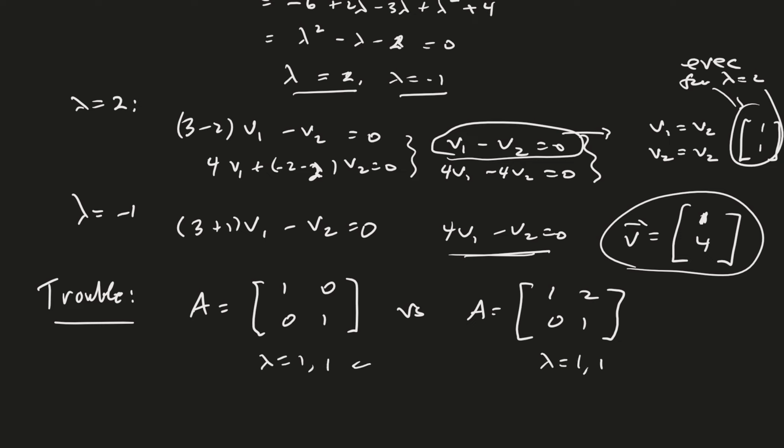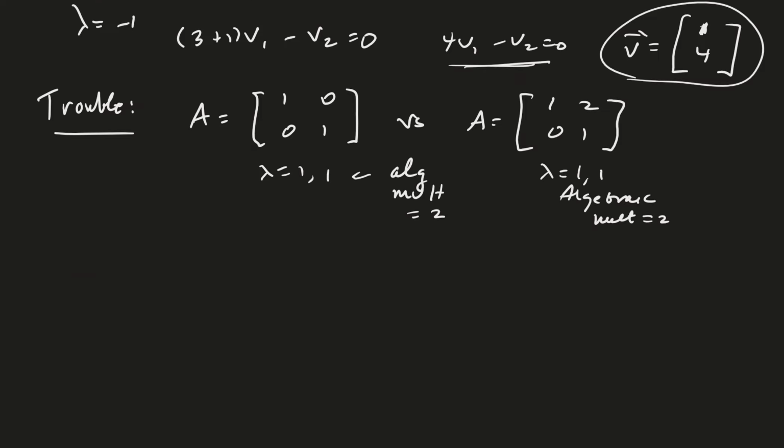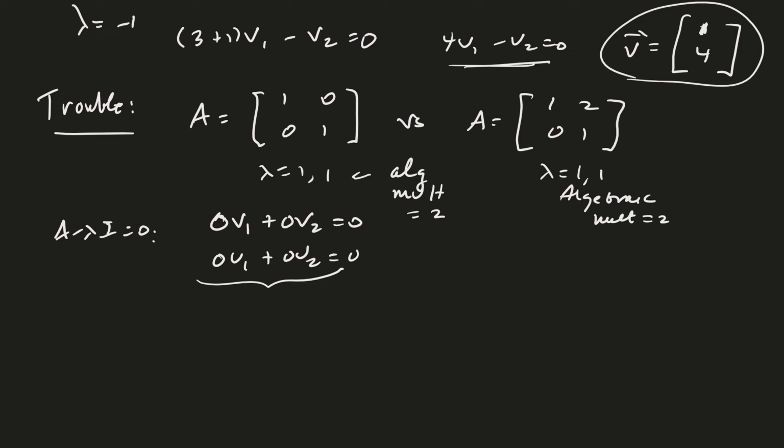So this says that the algebraic multiplicity equals 2. But now if we go through and solve for A minus lambda I equals 0, in this case we just have 0v1 plus 0v2 equals 0, and 0v1 plus 0v2 equals 0. And so this is true no matter what v1 and v2 you choose.